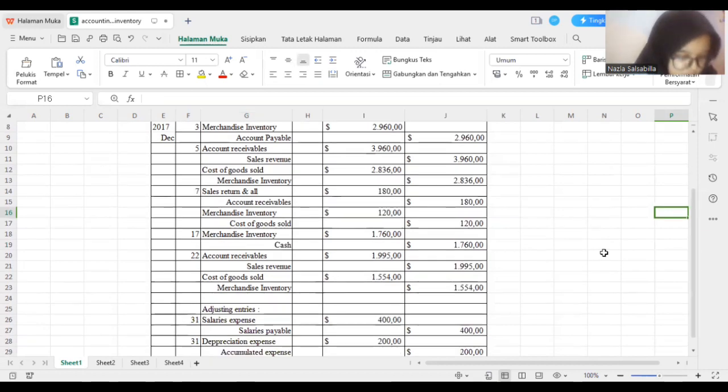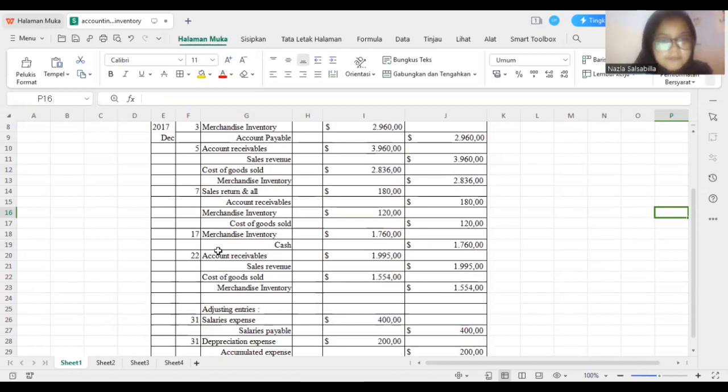The last transaction is sold 2,100 units of inventory on account for 0.75 per unit. It sold 2,100 of the 0.74 units.